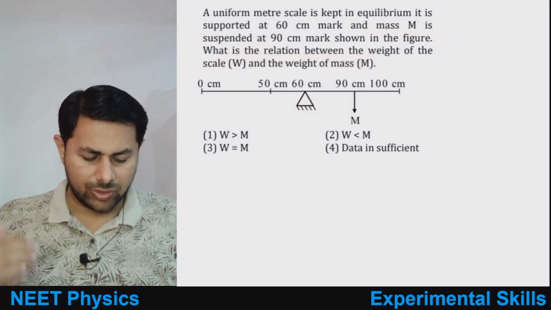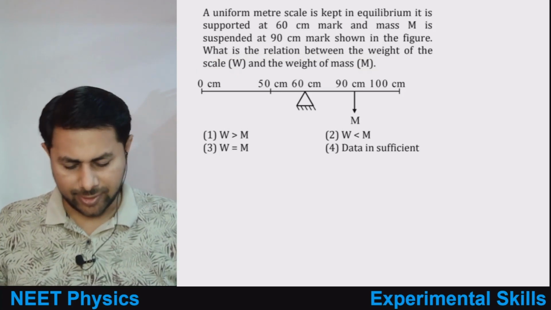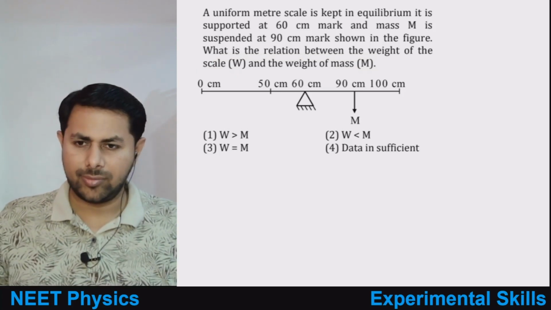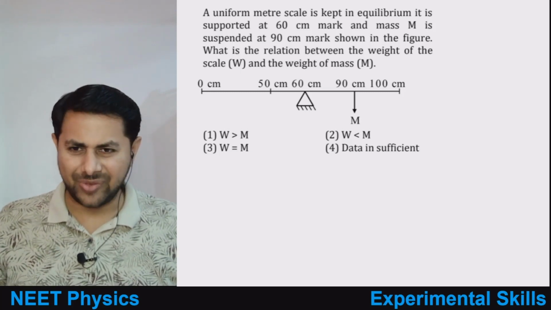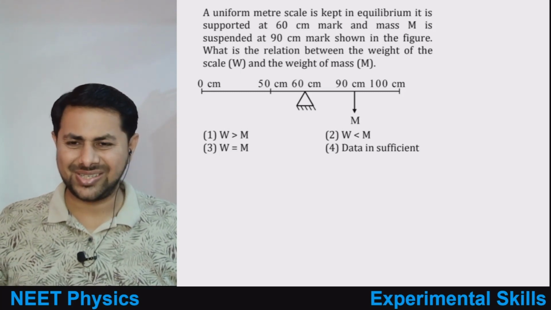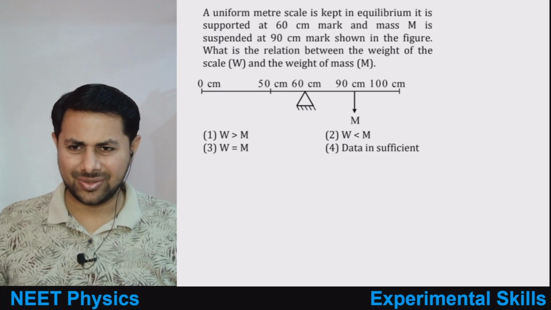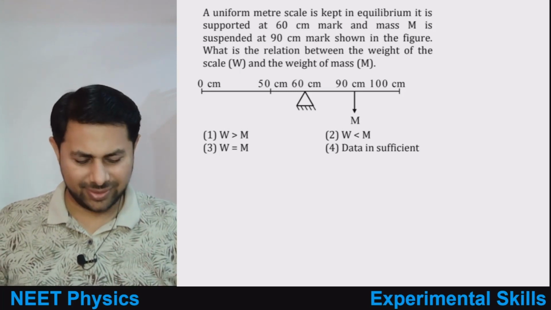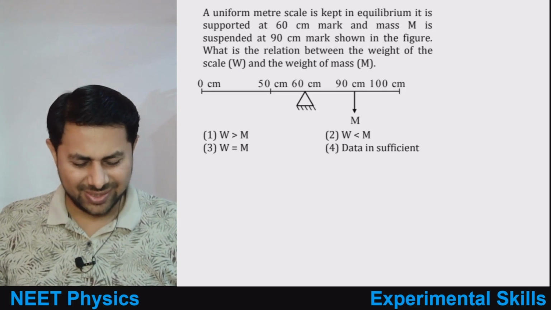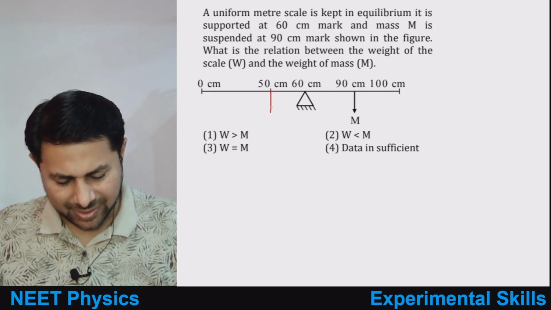Now the weight of the scale, where will it act? At which point can we consider the weight of the scale is concentrated? The weight of the scale would be considered to be concentrated at its center of mass, that's equal to 50 centimeters.